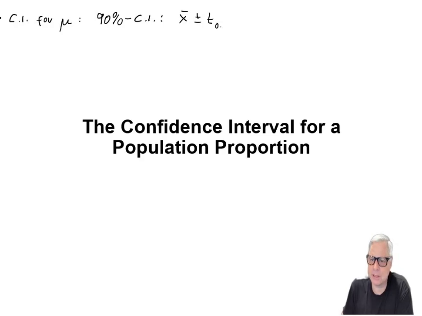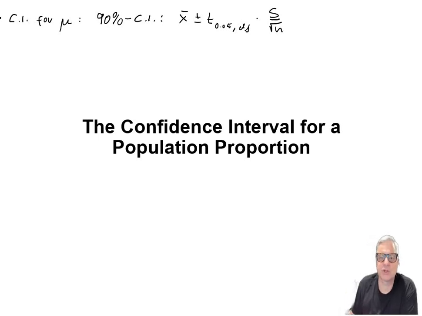So I write here again 0.05, and then we need to know the degrees of freedom, times whatever standard error we had. Okay, so let's call the population proportion pi.